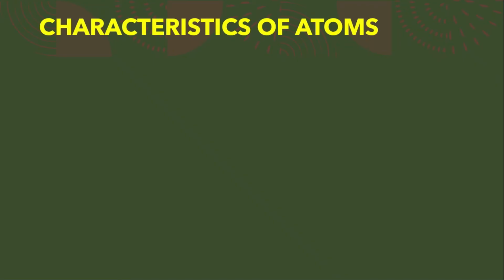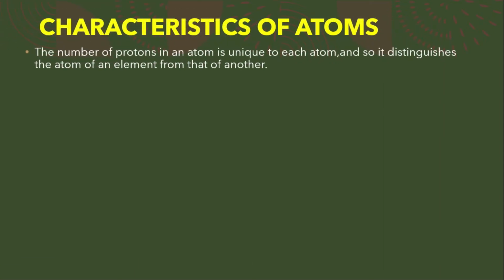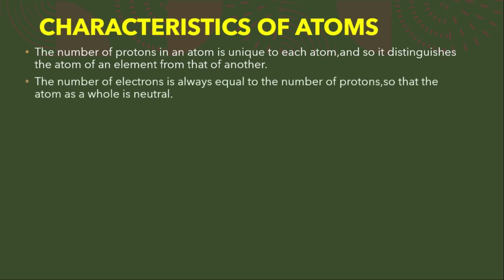Here A denotes the mass number and Z denotes the atomic number. Talking about the characteristics of atoms, we can say that the number of protons in an atom is unique, and that is what distinguishes it from the other elements. And as we told, 118 elements have 118 different atomic numbers represented by the letter Z. Also, the number of electrons is equal to the number of protons, as I told you. So the atom as a whole is neutral.